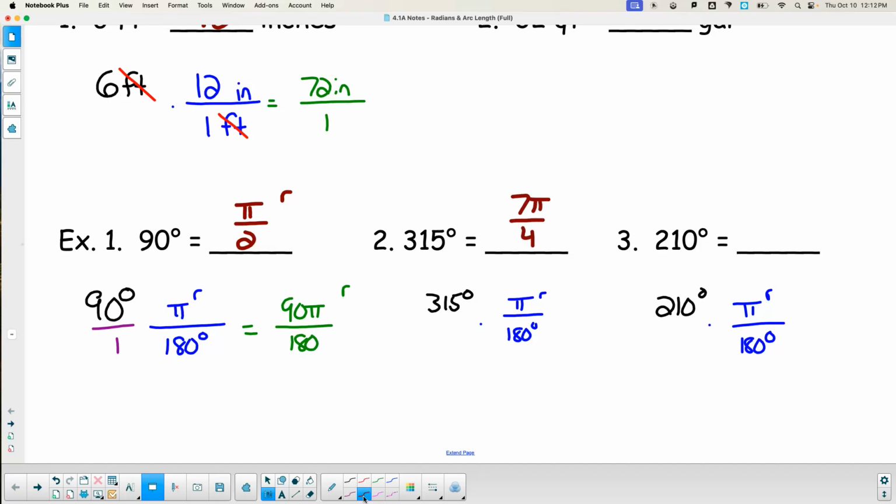I get 7 pi over 4 radians for 315, and I get 7 pi over 6 radians for 210. Yes? Okay. And we definitely like to leave stuff in fraction form whenever we possibly can.